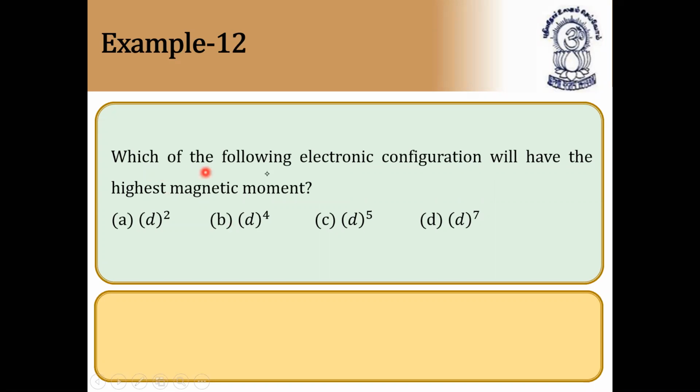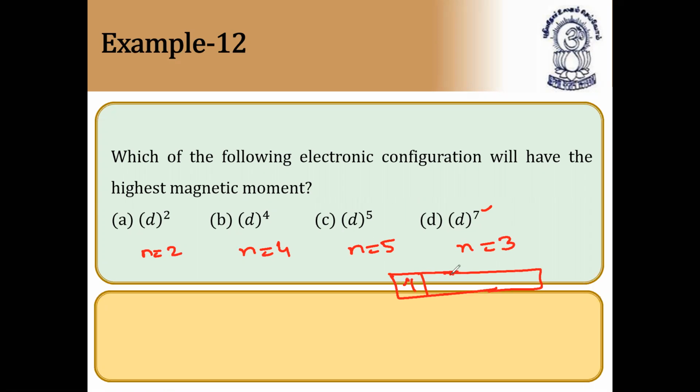Which of the following electronic configurations will have the highest magnetic moment? Simple. If you see here, n is equal to 2 in this case, n is equal to 4 in this case, n is equal to 5 in this case, and n is equal to 3 in this case, because d7 means electrons will be filling up like this.